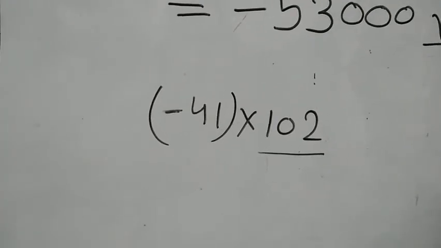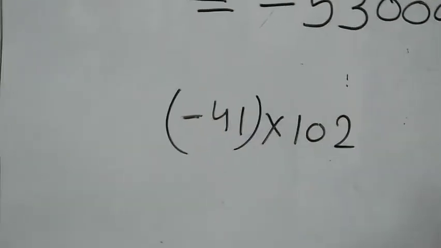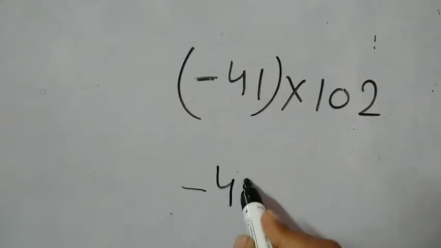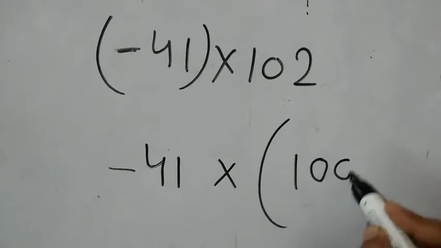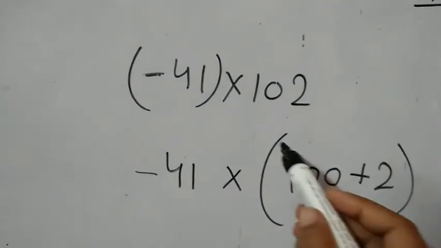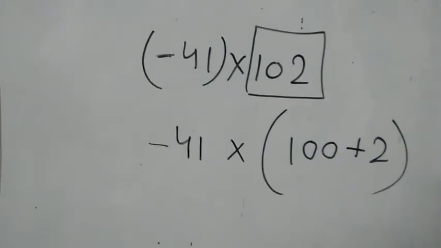You have already studied this concept in class 6. So we can write it as minus 41 into (100 plus 2). We have divided 102 into two parts, 100 plus 2.